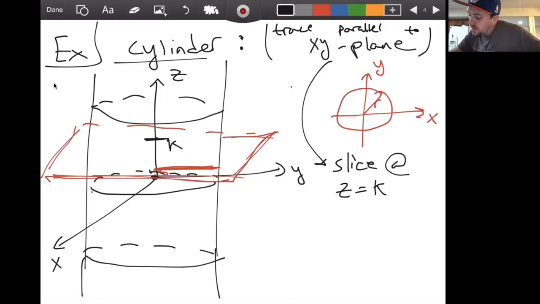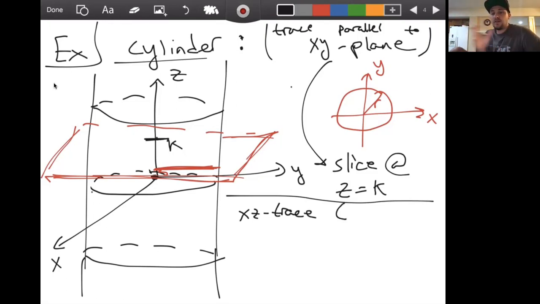And so now there are two other coordinate planes that we can look at. Let's look at the XZ trace, right? And the XZ trace is now, I'm taking something parallel to the XZ plane. So I'm looking at some fixed Y value, and then taking a slice.